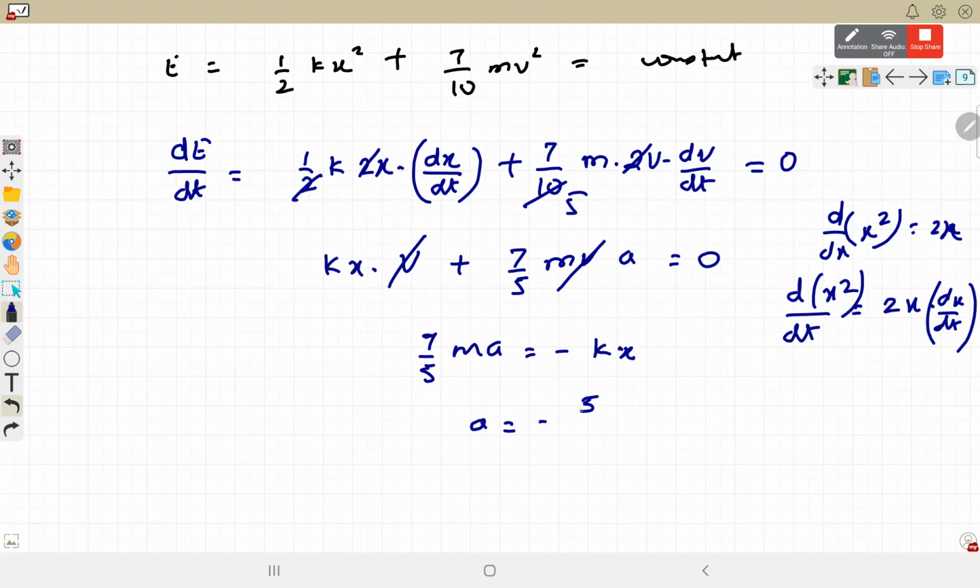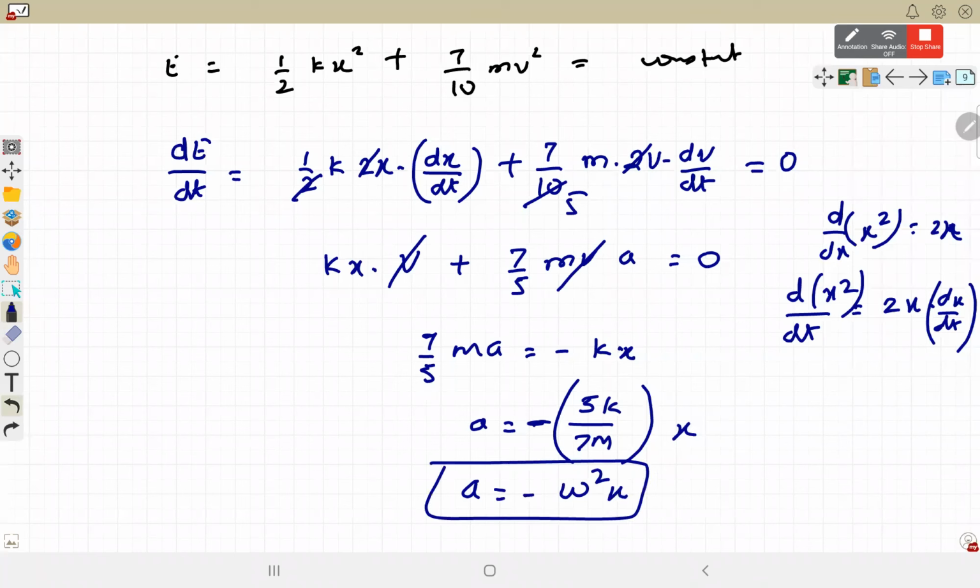A is equal to minus 5k by 7m times x. A is equal to minus omega square x. Omega is root 5k by 7m. Time period is 2 pi by omega, which is 2 pi root 7m by 5k.